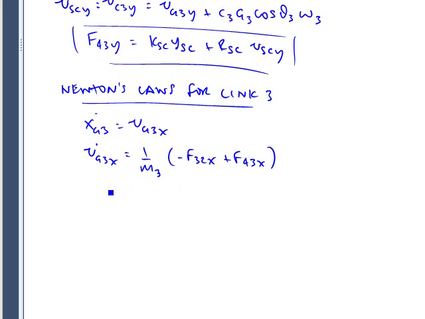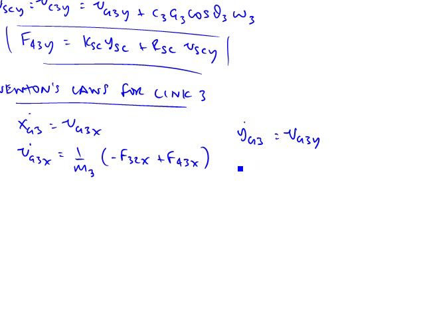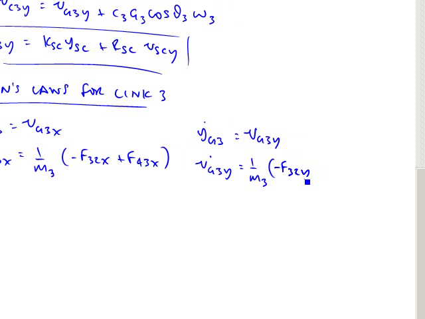In the y direction, yg3 dot is vg3y. vg3y dot is 1 over the mass times the sum of the forces in the y direction: minus f32y minus m3g. And on link 3 on that free body diagram, all those forces end up being downward. So I have minus f43y.